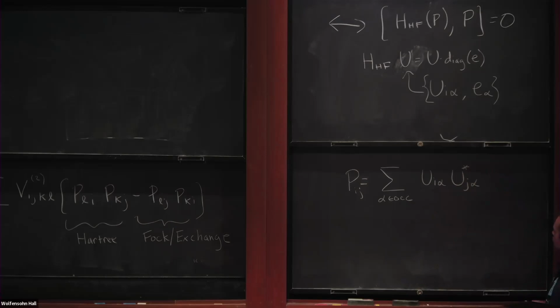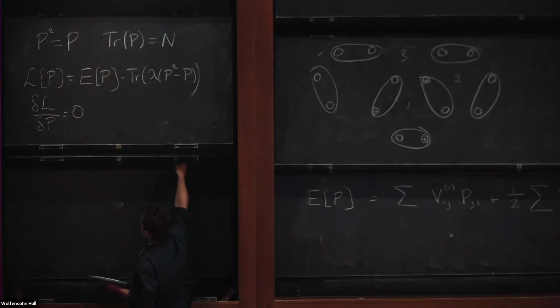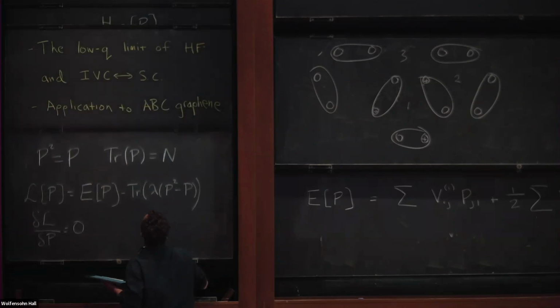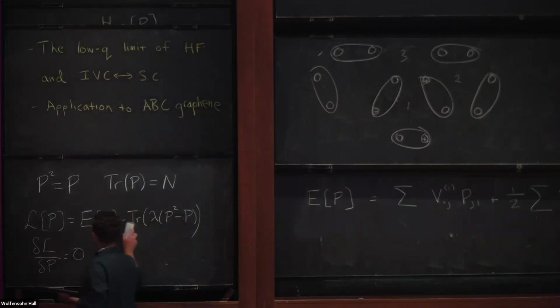Okay, so that leads to the following very transparent interpretation of Hartree-Fock as an iterative procedure. What is the self-consistent Hartree-Fock algorithm?